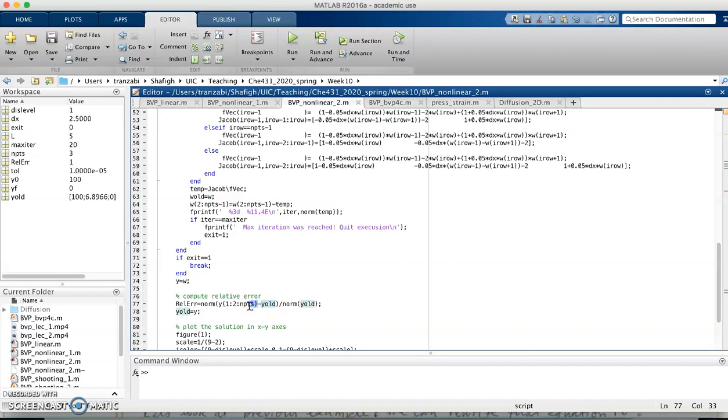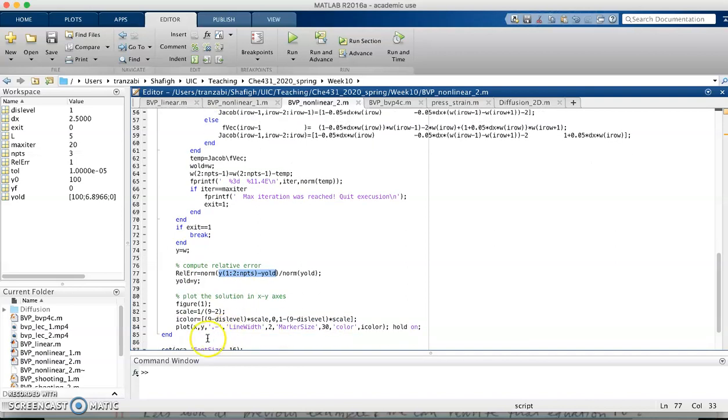This is from a discretization level 1 more than y old, and that's why we are comparing every other point in the current y compared to the y old. So if this difference divided by the norm of y old, if this ratio is less than the relative error tolerance, that means I have to stop increasing the discretization level.